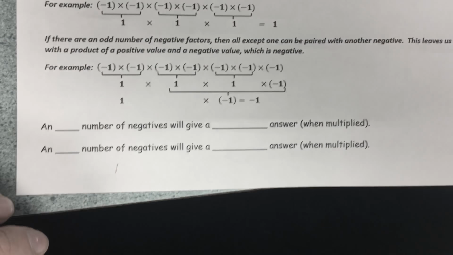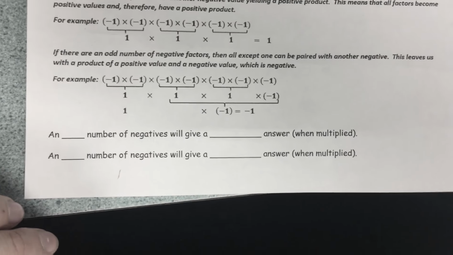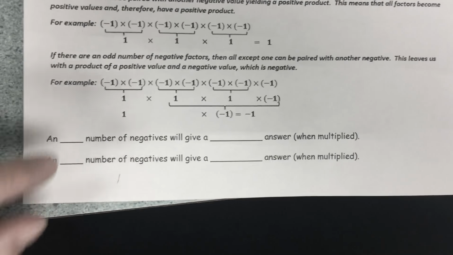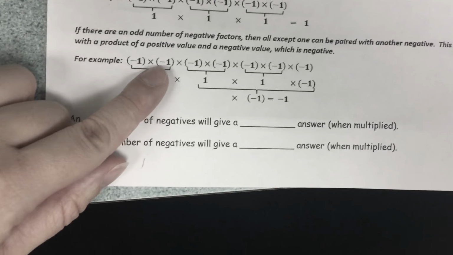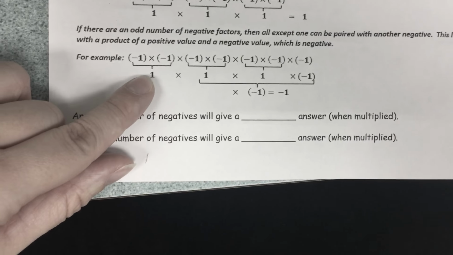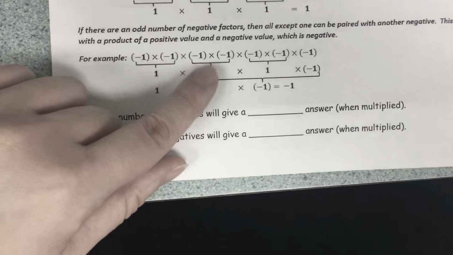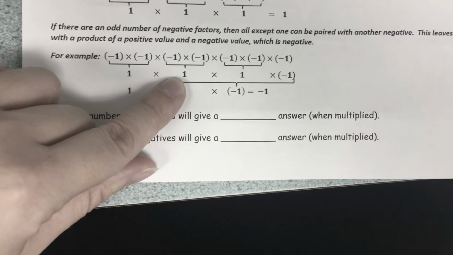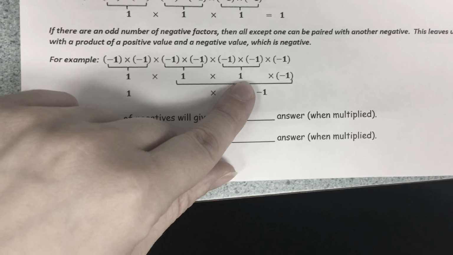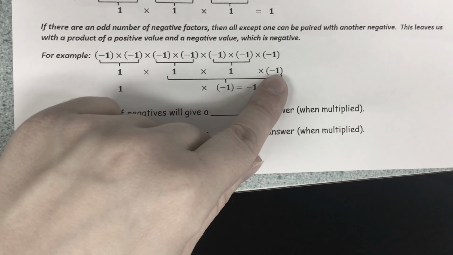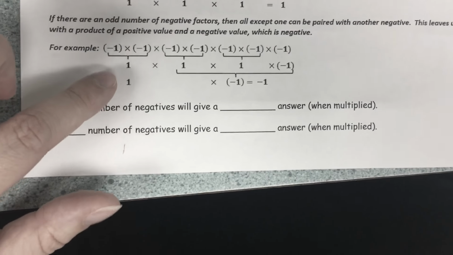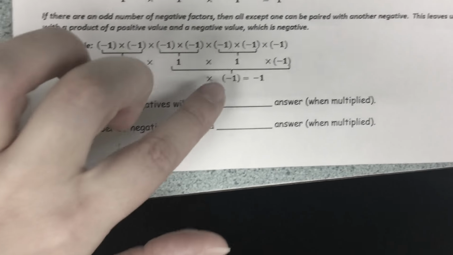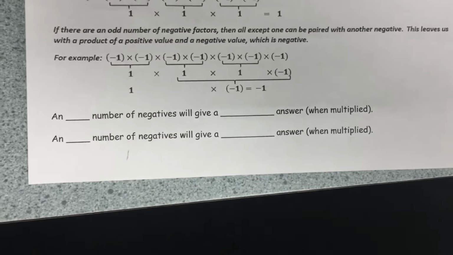If instead I have an odd number of negative factors, then all except 1 can be paired. Think about it. If I have negative 1 times negative 1, that multiplied by each other gives me a positive 1. Negative 1 times negative 1, positive 1. Negative 1 times negative 1, positive 1. And then I'm left with still a negative 1. If I combine these, 1 times negative 1 gets me a negative answer.